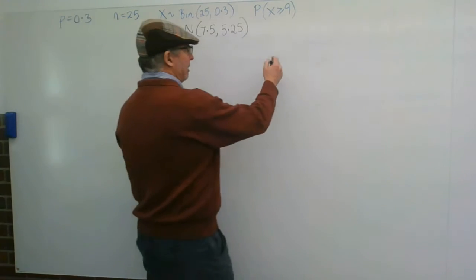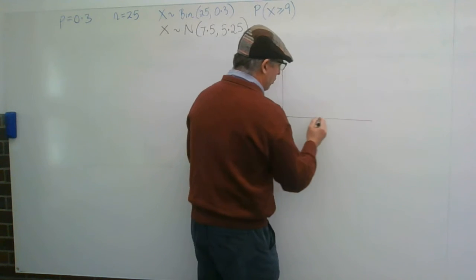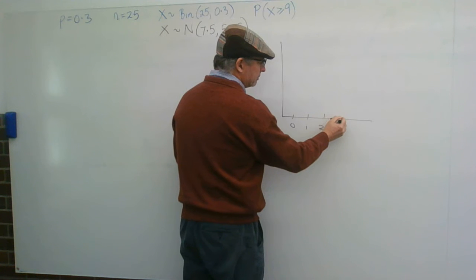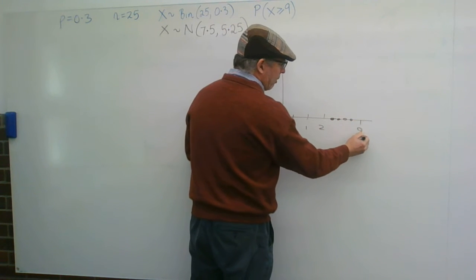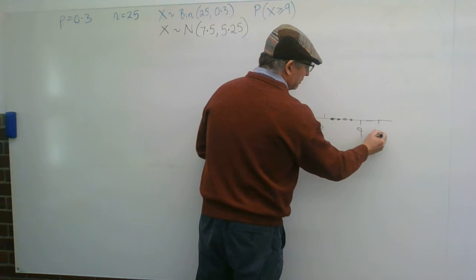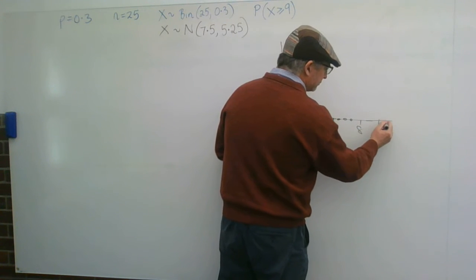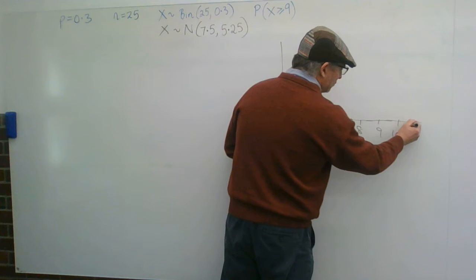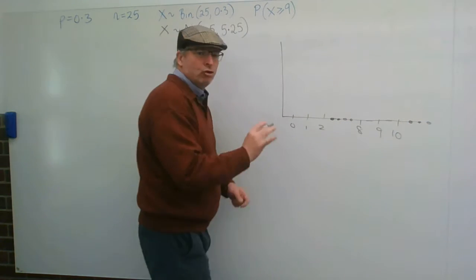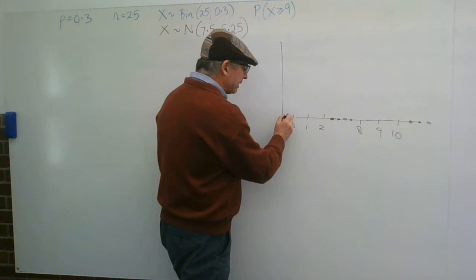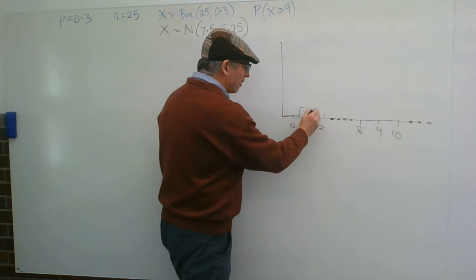I'm not going to spend the time drawing them all, but 0, 1, 2, ... We're going to be up at 9, 10, right? Here I'll go 8, 9, 10, and so on. And if you draw all these up, you're going to get little columns that are your probabilities.